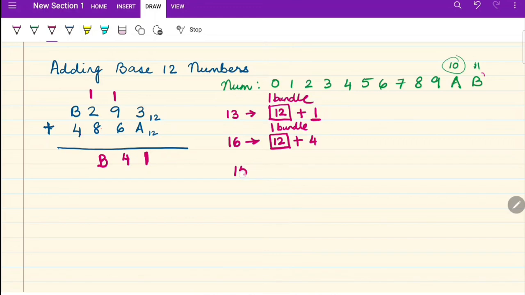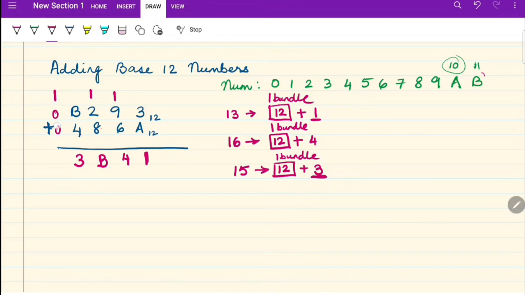So 15, extract one bundle of 12 from 15. It's 12 plus 3 remaining, correct? So write the 3 over here under that column and carry over this one bundle of 12 to the extreme left of B plus 4. So we are carrying over this 1.